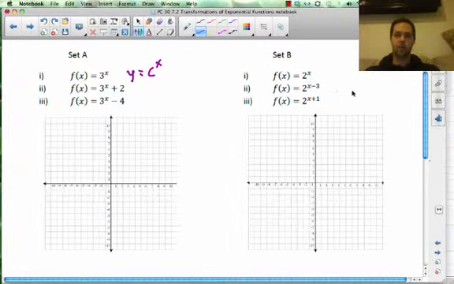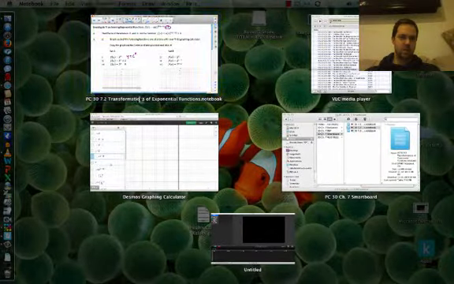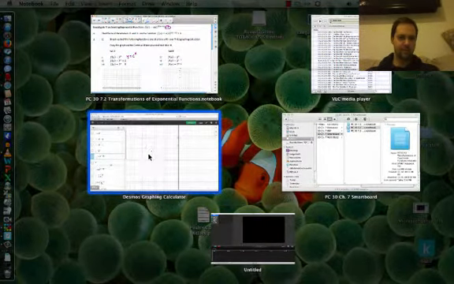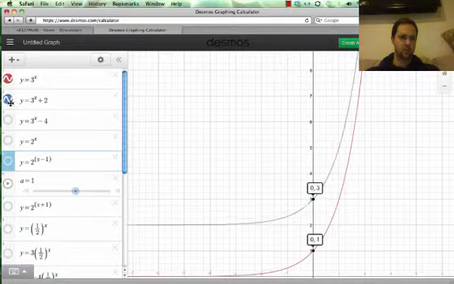This would be the parameter k. As you can see, k is the additive factor at the end of the formula. So take a look at these three graphs on Desmos and see how they are affecting the function.